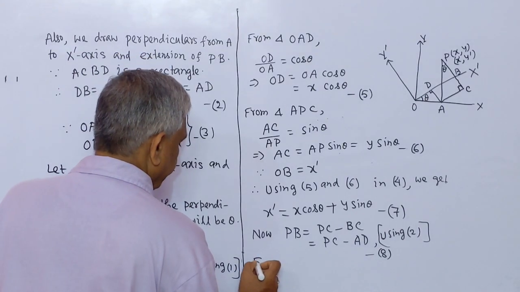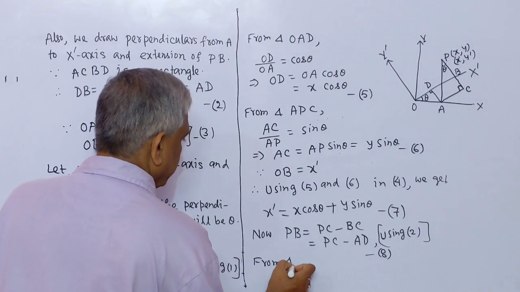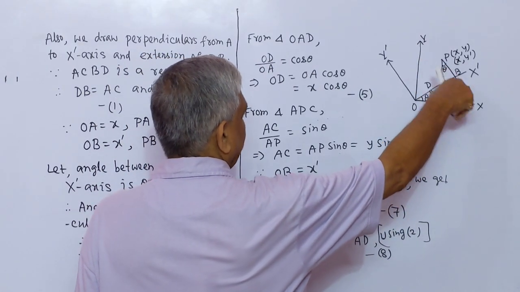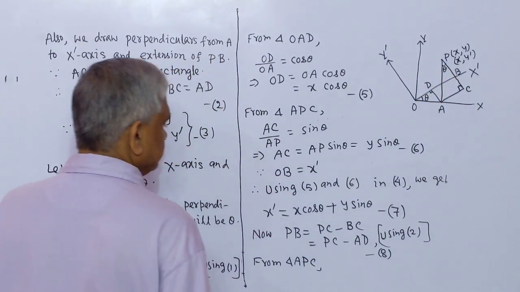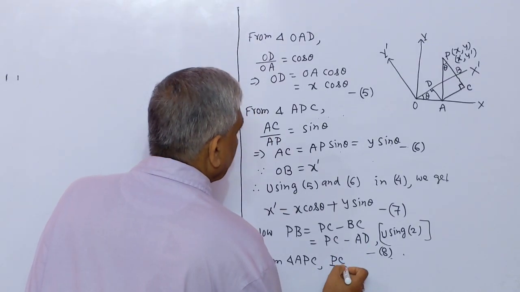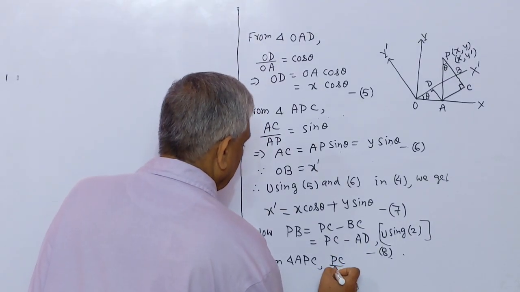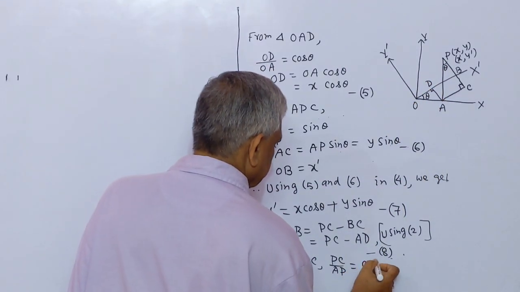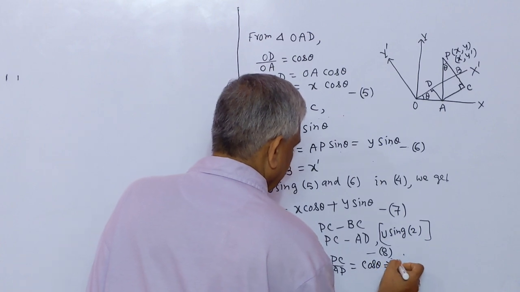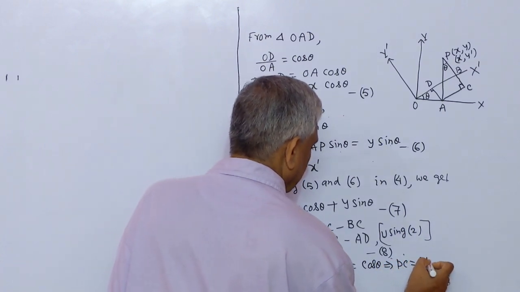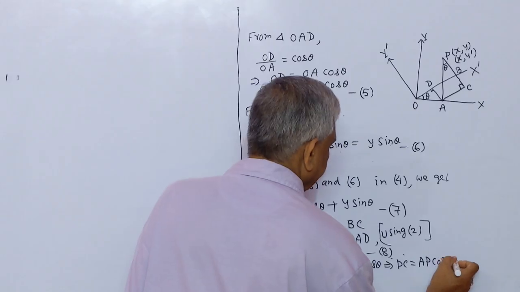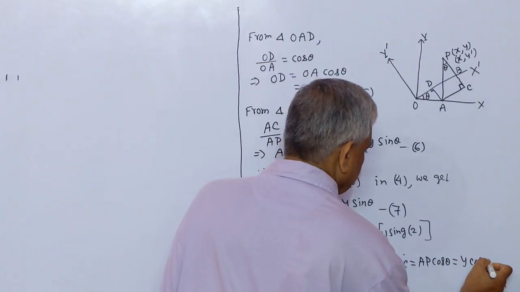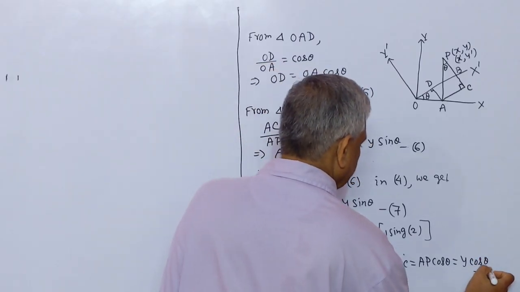From triangle APC, PC by AP equal to cos theta, implies that PC equal to AP cos theta, and AP is y, so PC equals y cos theta. This is number 9.